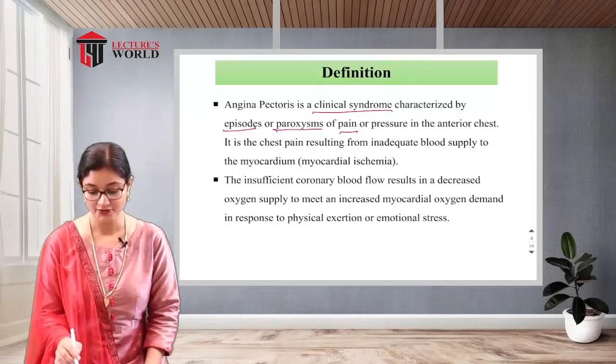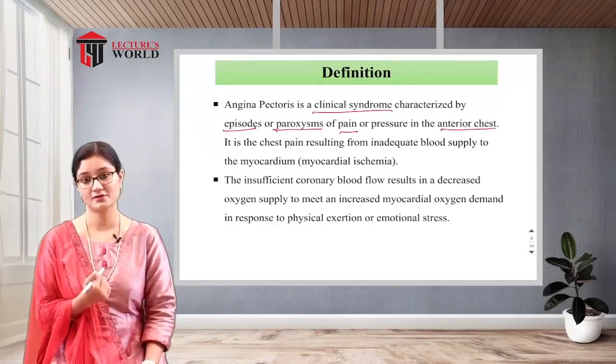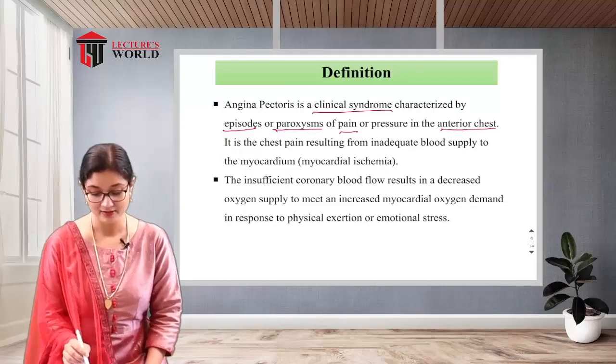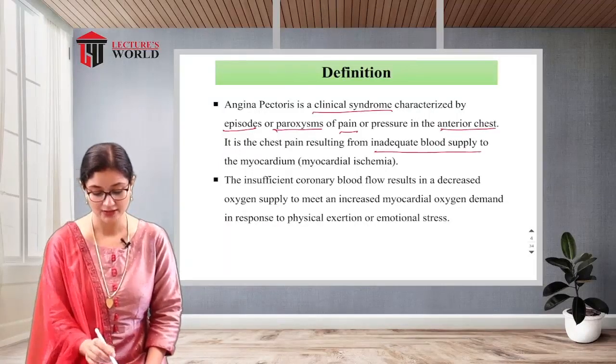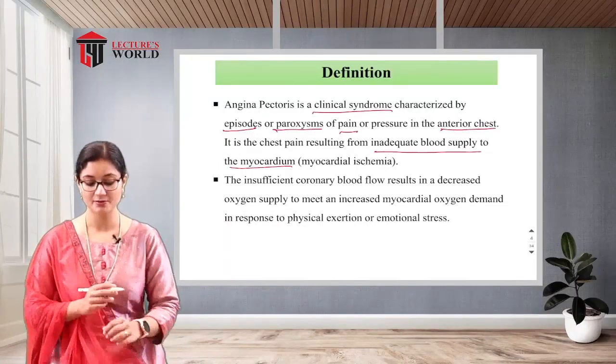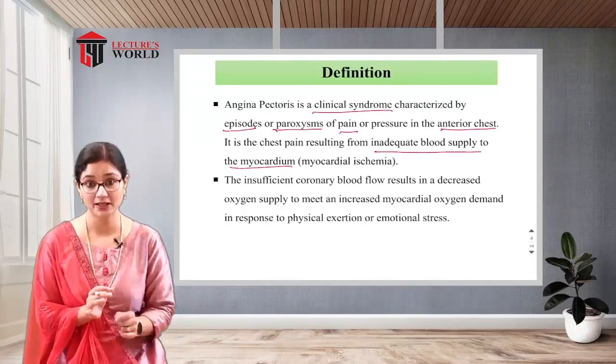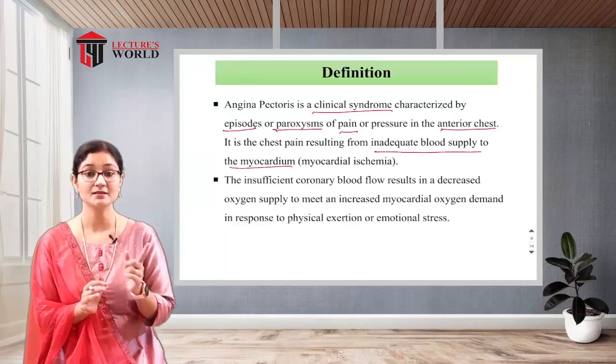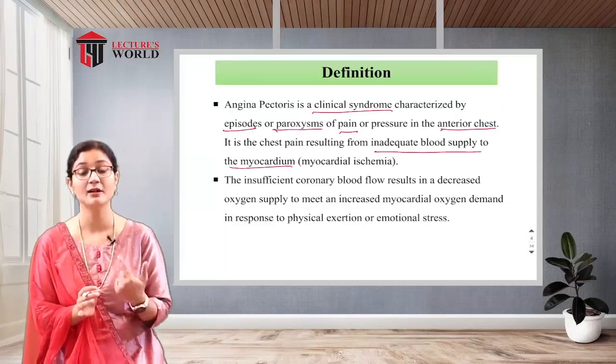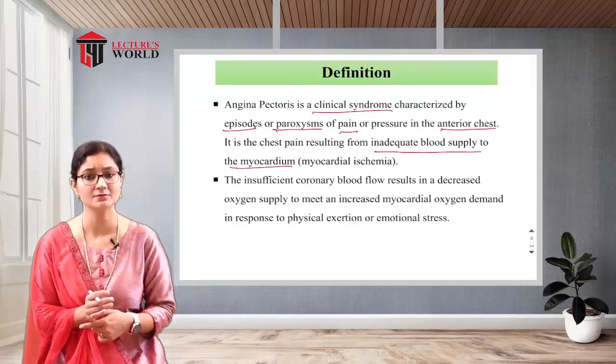Of pain or pressure in the anterior chest. It is a chest pain resulting from inadequate blood supply to the myocardium, or myocardial ischemia. Very nicely the definition says why the person is having pain, because there is lack of blood supply to the myocardium. And why is there a lack of blood supply?